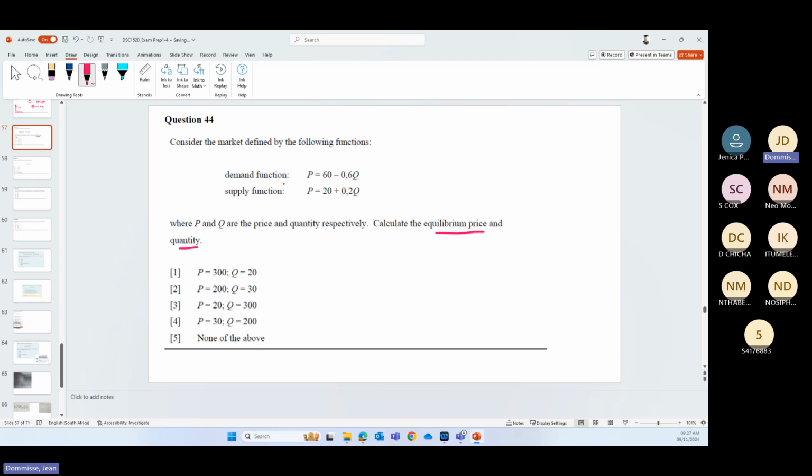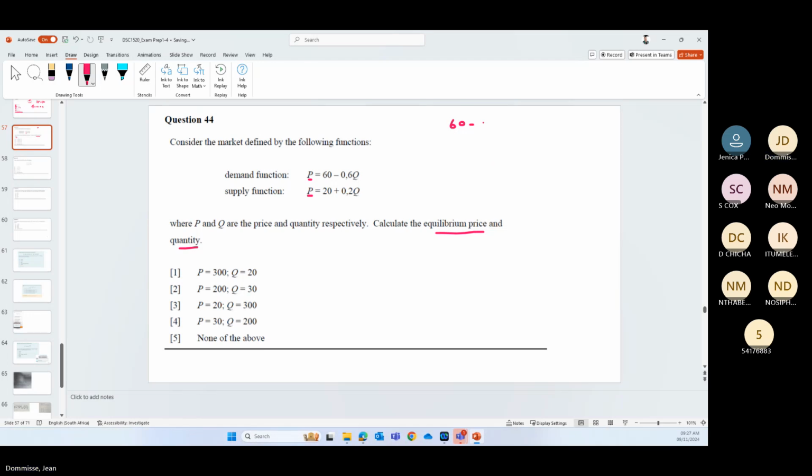Okay, so we've got a P and P that is the same. So I will start by saying, perfect. We set them as equal to one another.